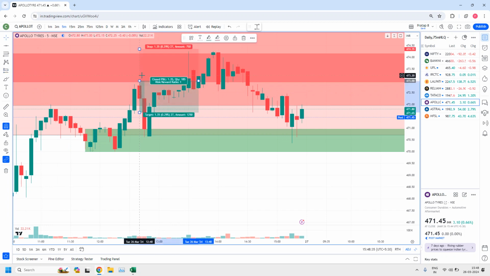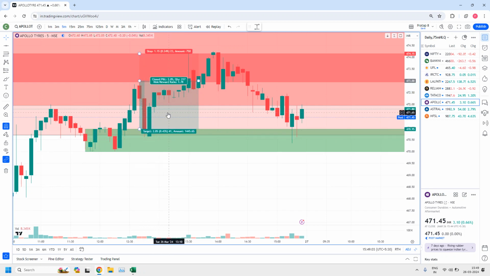Let us check this short position. RR is only 1:1.78. So definitely we won't accept this trade.